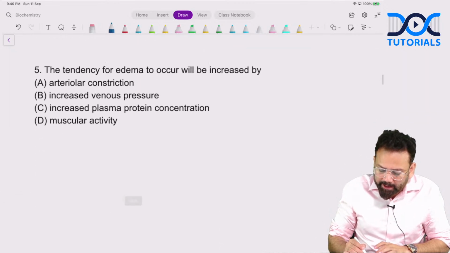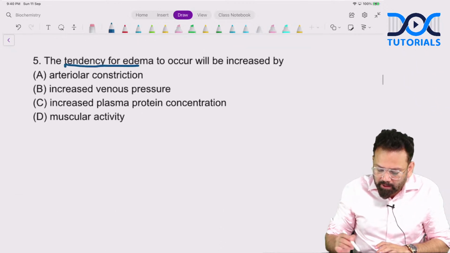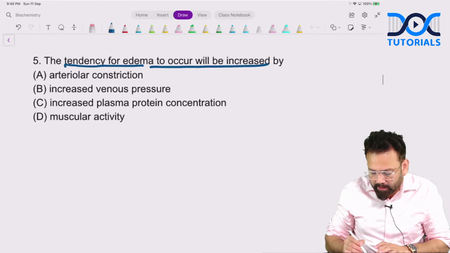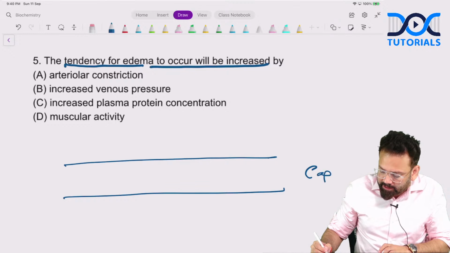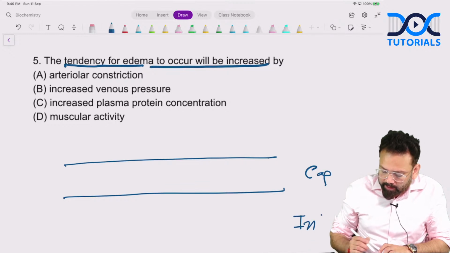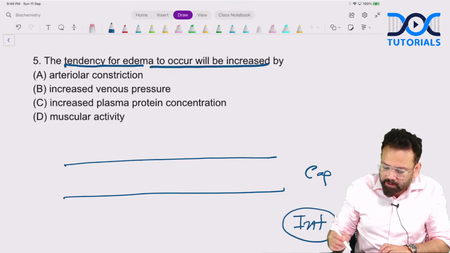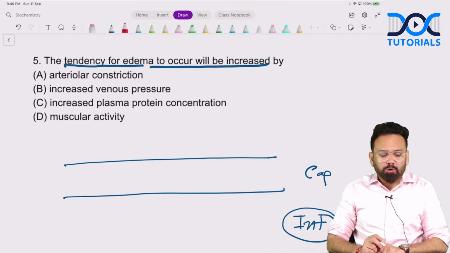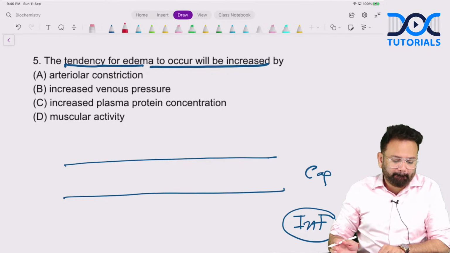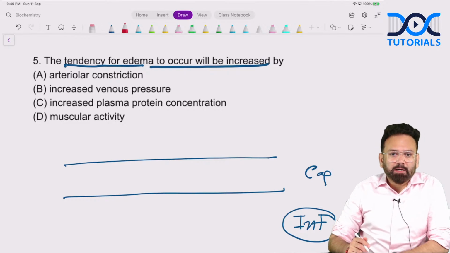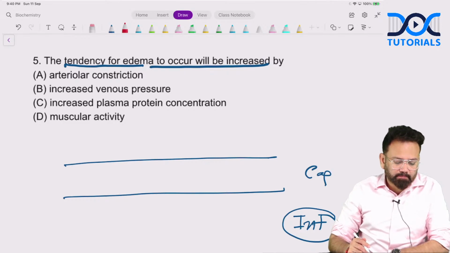Tendency for edema to occur will be increased by what? This is the capillary, this is interstitium. There is more fluid in the interstitium, this is called edema. So what can increase the tendency for edema?